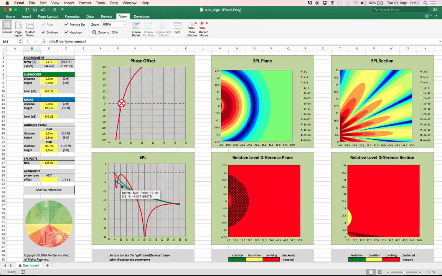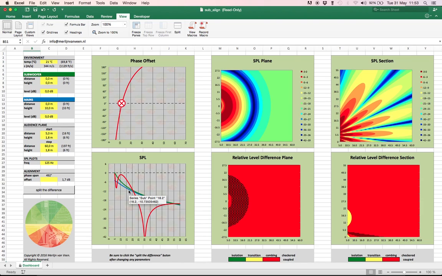The blue trace is the level over distance for the main speakers, and that we currently observe a relative level difference in the start of the audience is because the subwoofers are sitting on the floor, they're ground stacked, and the main speakers are flown at a height of 10 meters, and that explains this initial level difference in the front of the audience.